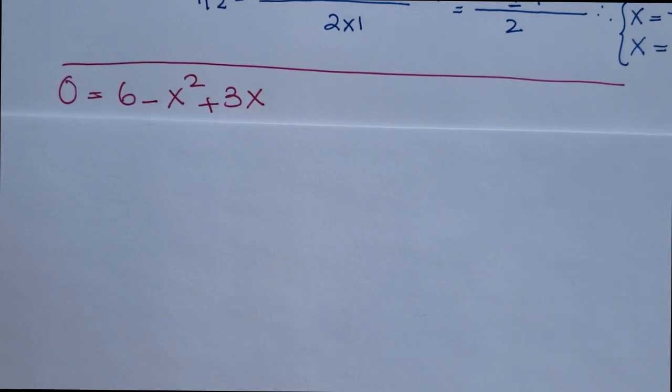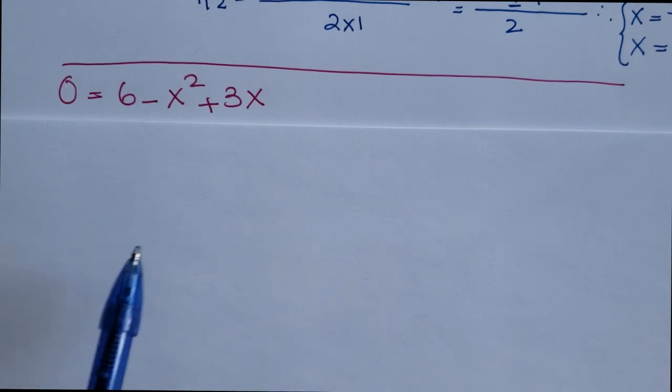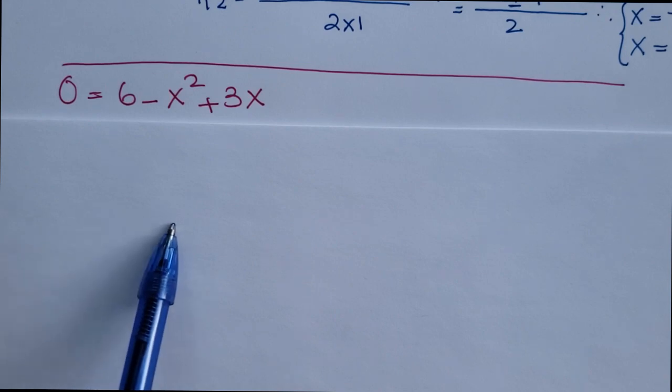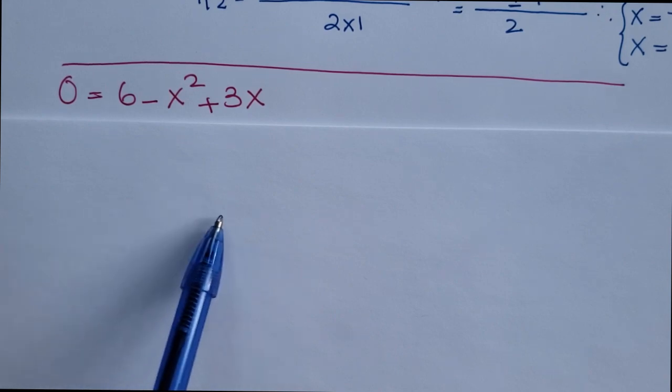Okay. So the method I use here is the quadratic formula. But before I proceed, I want you to pay attention to something here. As you can see, the expression is not arranged in the standard format. It started with a constant, then the x to the power 2, and then the x.